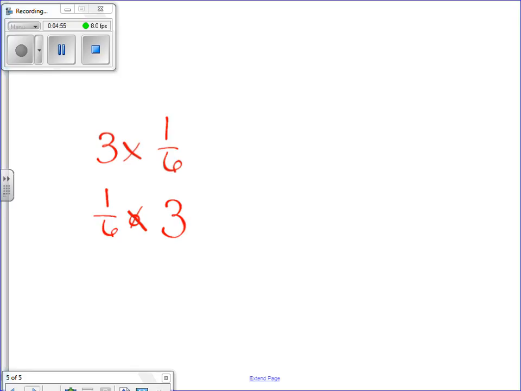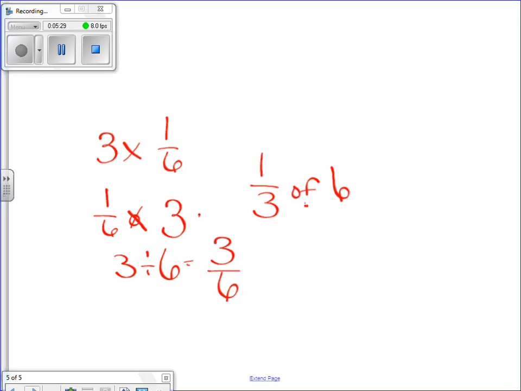Some people in the other class tried to tell me that it was 2, and they tried to totally switch their numbers. If you tell me it's 2, then that would be 1/3 of 6. And that's 6 divided by 3. This is not 6 divided by 3. This is 3 divided by 6. This is not the same as this.